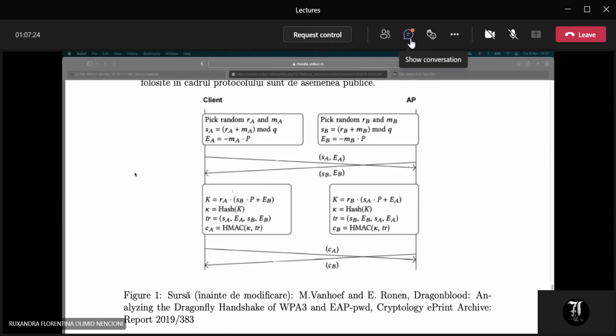Where do you see directly the discrete logarithm problem? In the formulas for EA and EB. Perfect. And what I know, because I can sniff, are EA and EB, because I see them on the medium when they're sent here. So what can I find out?